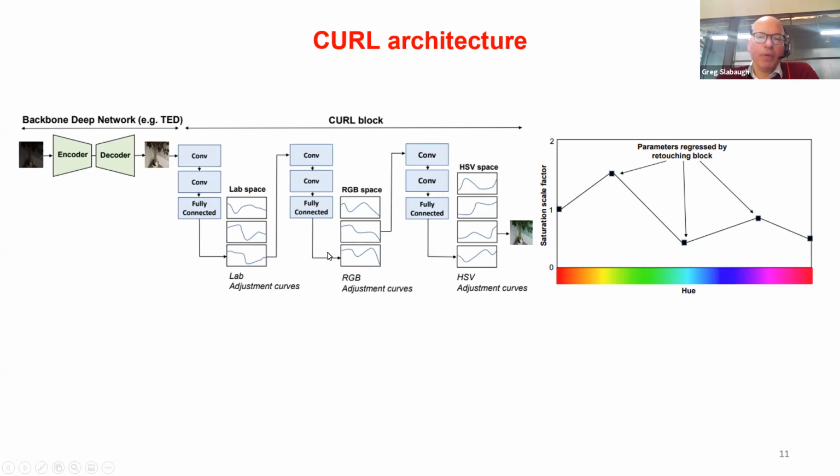We also apply these estimated curves to the image itself. We start off with LAB, then move into RGB space, and then HSV. That gives us the final enhanced image. So this is a regression problem using a deep neural network. We're going to regress all these curves, which are represented by these points.